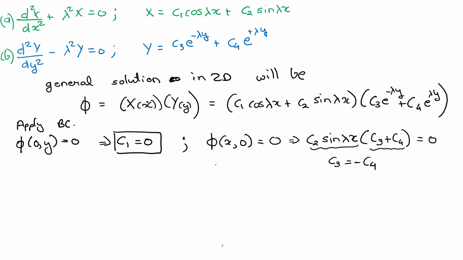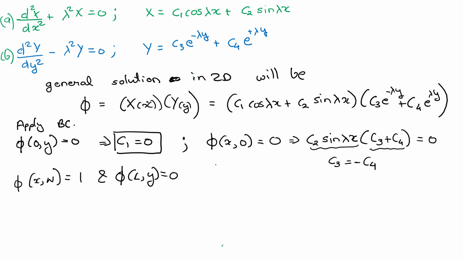So the other boundary conditions that we had were phi of x comma w equal to 1 and phi of L comma y equal to 0.